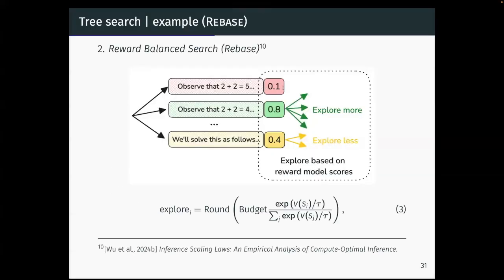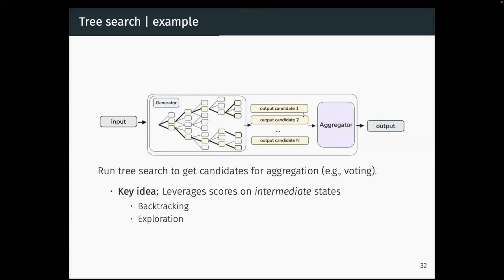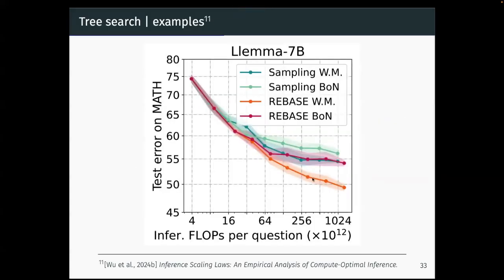With the full sequence best of n, you would just keep generating here, whereas here we're able to use better exploration. So it is possible to outperform just the parallel sampling with tree search algorithms. Here's an example showing test error, so lower is better, and you can see that this Rebase method is doing better than the parallel sampling.